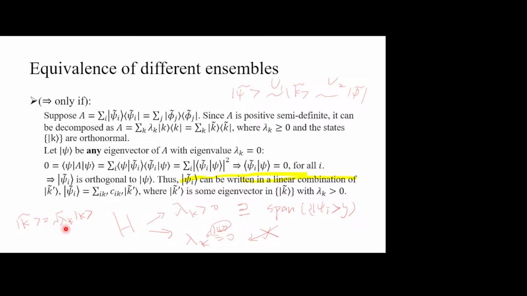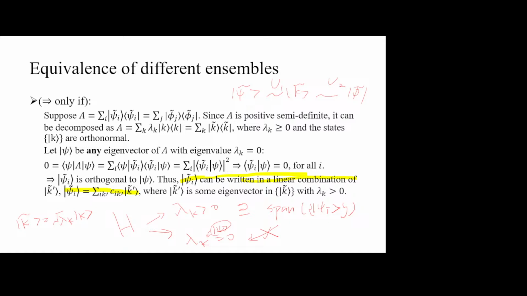Finally, we say psi can be written as a linear combination of k prime, and we can write it as psi tilde equal to summation over i, k prime of c_ik prime times k prime tilde, where c_ik is just some coefficient of your linear combination.